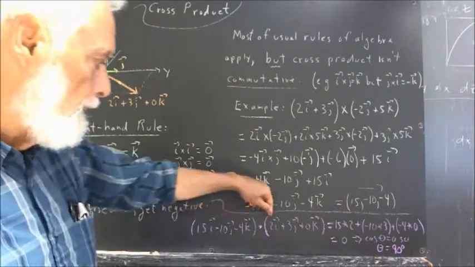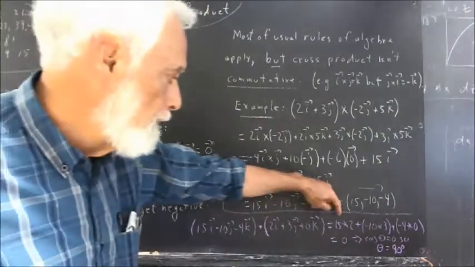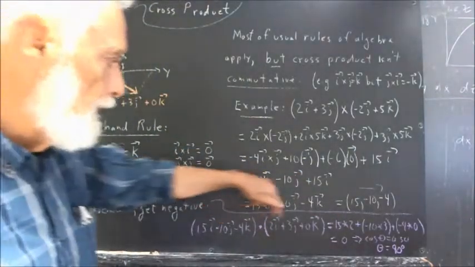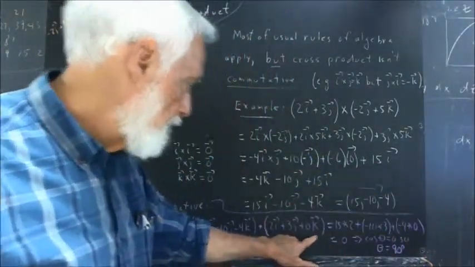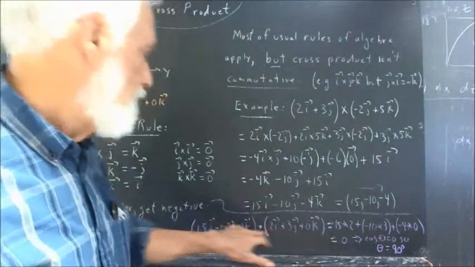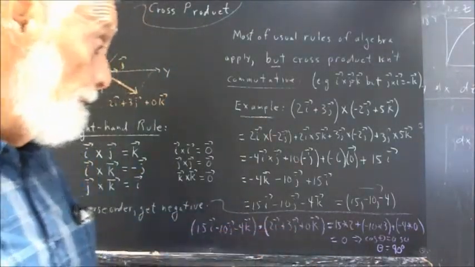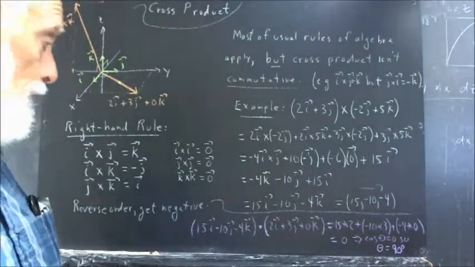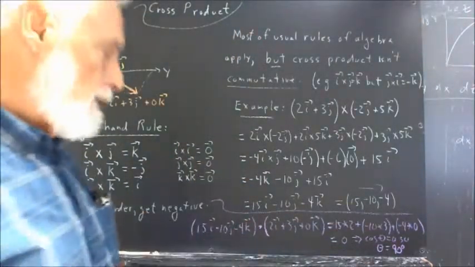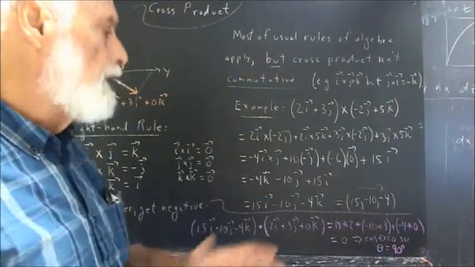We multiply the I components, 15 times 2, J components, negative 10 times 3, K components, negative 4 times 0. We had to write the 0K here, so we'd have something to multiply by the K component here. And then we add those up. Clearly we get 0.